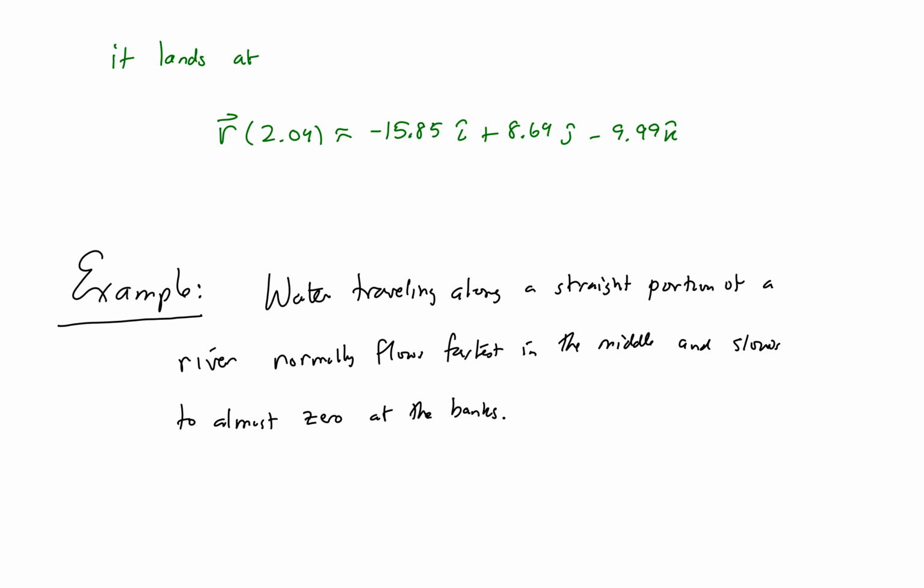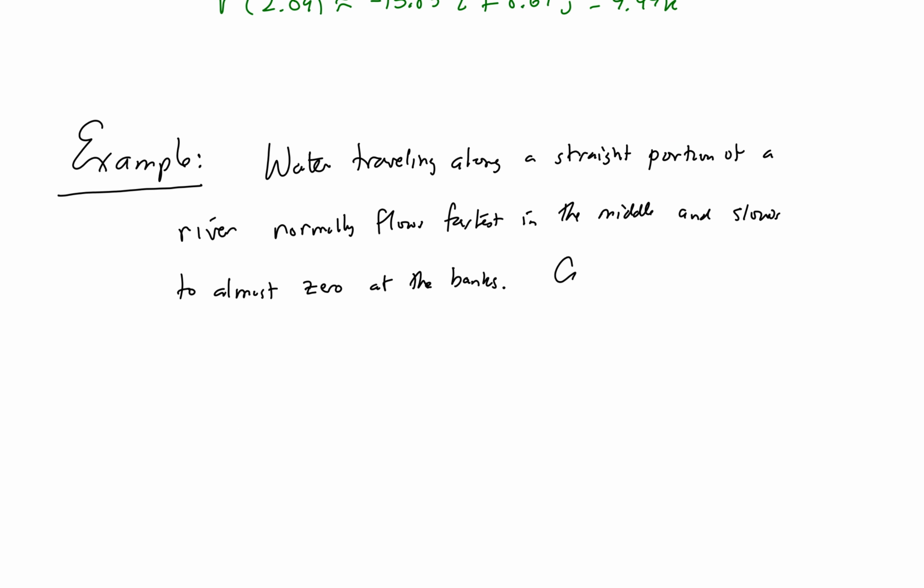It normally travels its fastest in the center of the river and slows to almost zero movement along the banks. So let's consider a river with banks 40 meters apart.